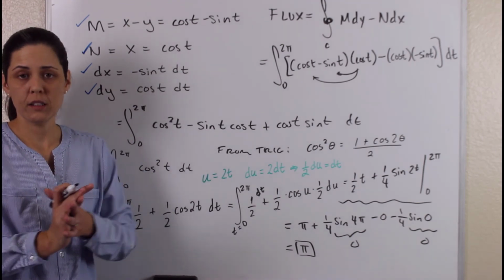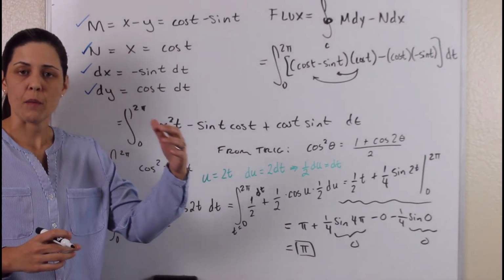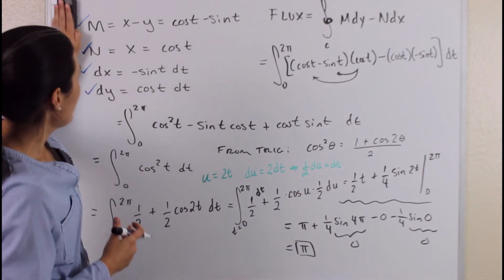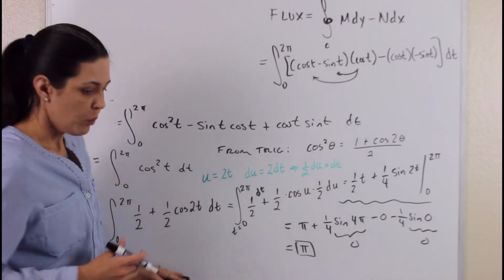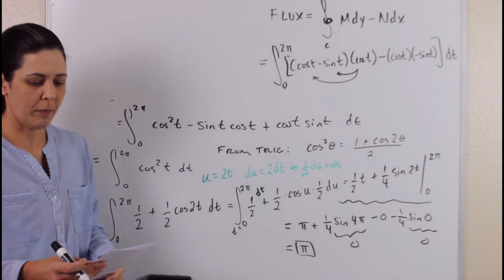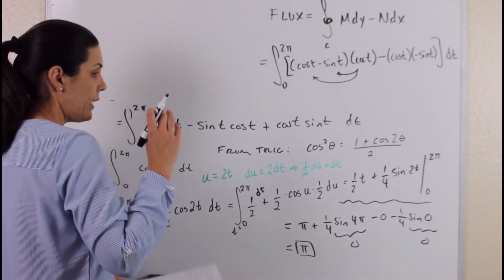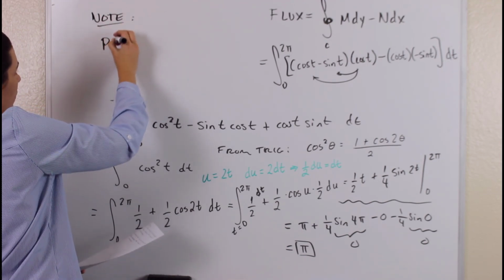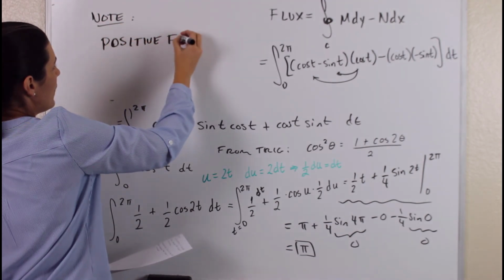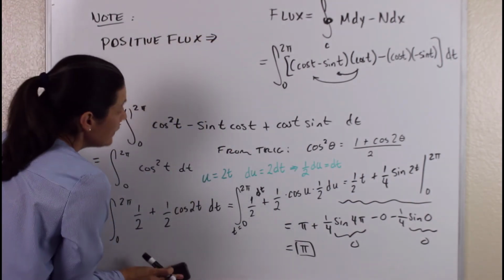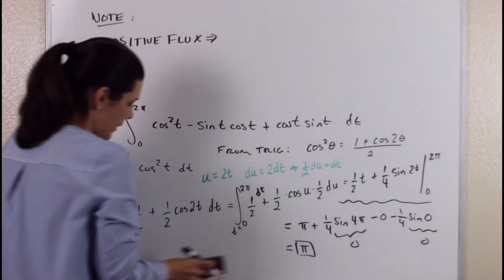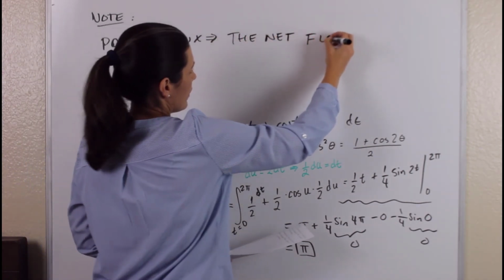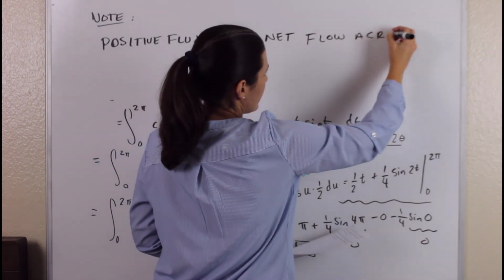So our flux of this field across that circle, x squared plus y squared equals 1, is just equal to pi. Now, because it's positive, let me just give you one last note here. That tells us about the net flux and that it's going to be outward. So note, if your flux is positive, so positive flux implies that the net flow across the curve is outward.